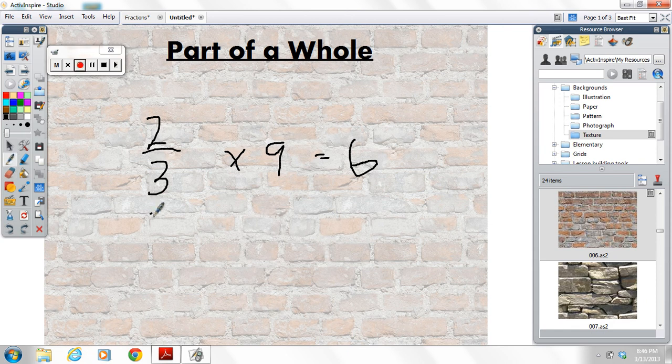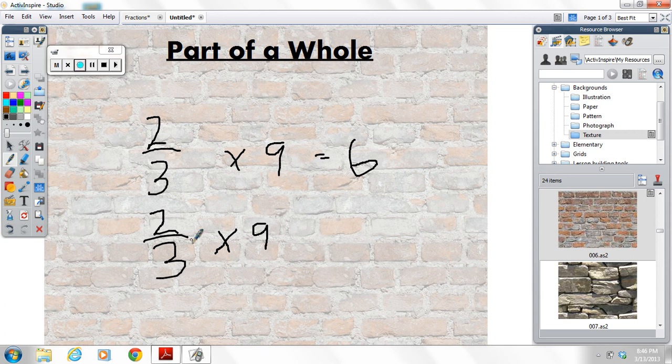If we were to actually multiply this without using any kind of models, we would take this 2/3 and multiply it by 9. Well, when we take a fraction and multiply it by a whole number, we need to make sure that the numerator has another numerator to multiply, and the denominator has a denominator to multiply.